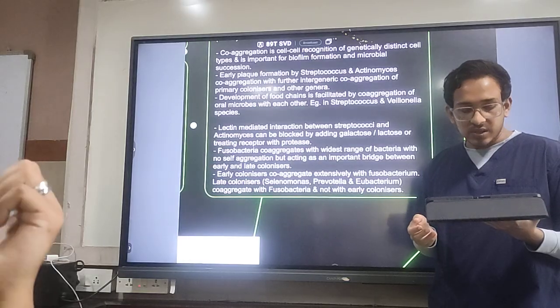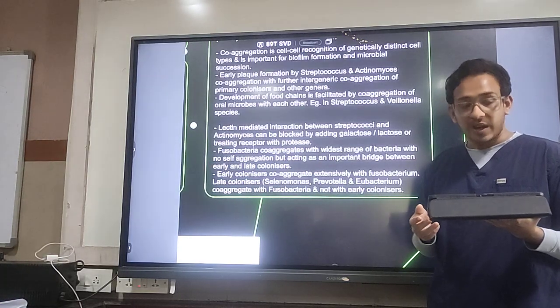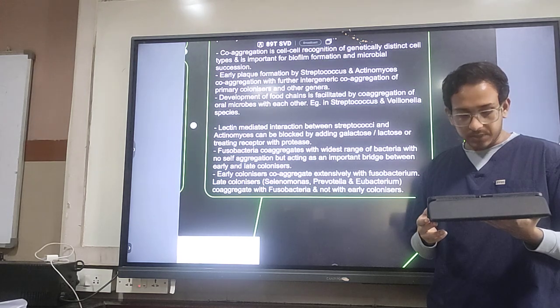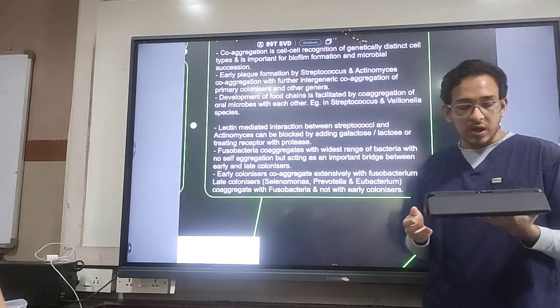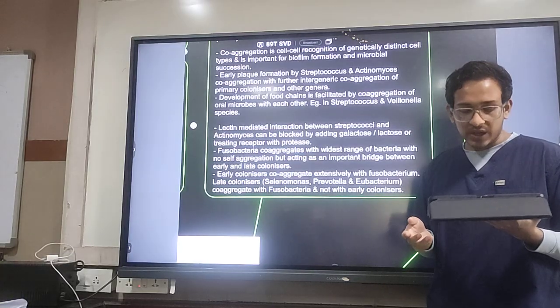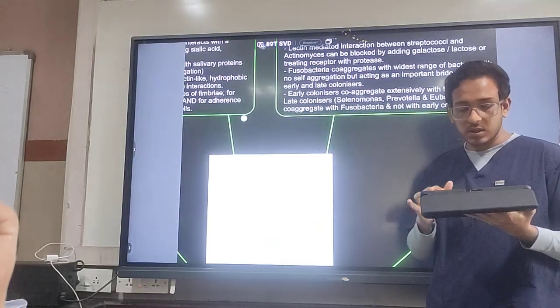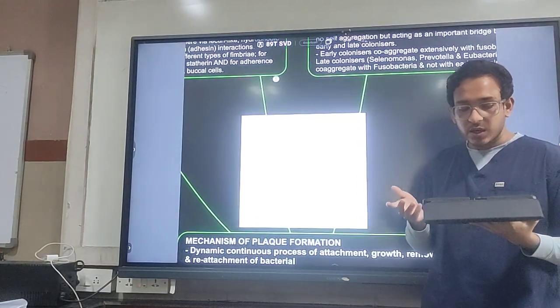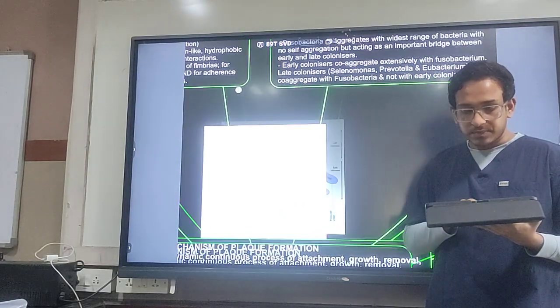The early colonizers co-aggregate extensively with Fusobacterium, whereas the late colonizers such as Salmonella, Prevotella, Eubacterium co-aggregate with Fusobacteria and not with the early colonizers. As we can see in this image, the Fusobacterium acts as a bridge between the early and the late colonizers.